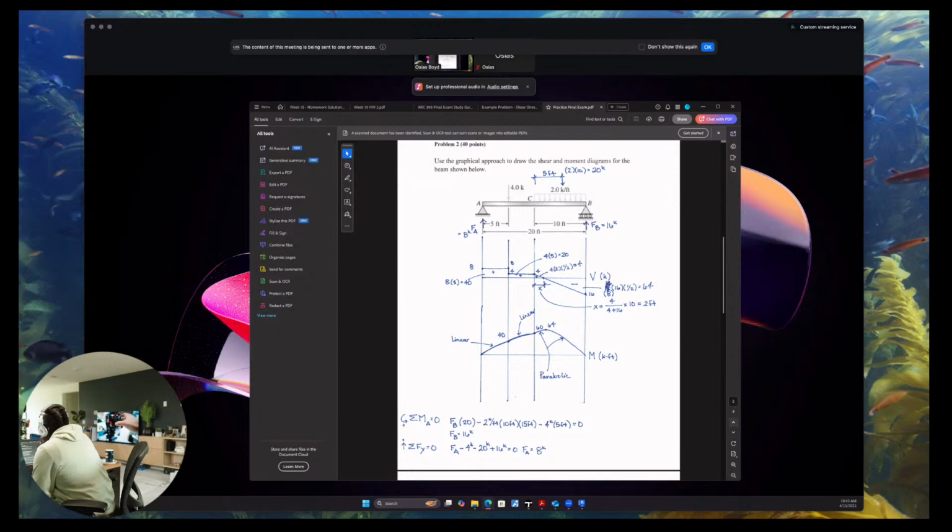So area equals 8K by 5 feet equals 40 kips.